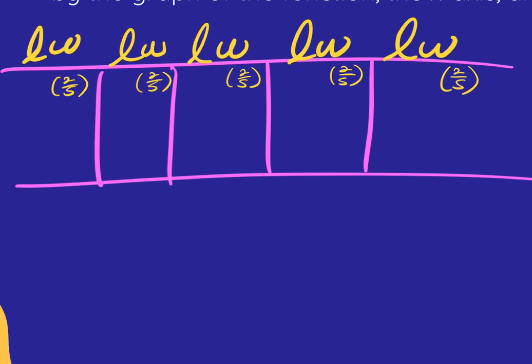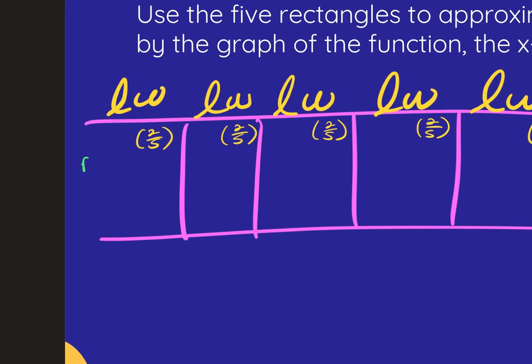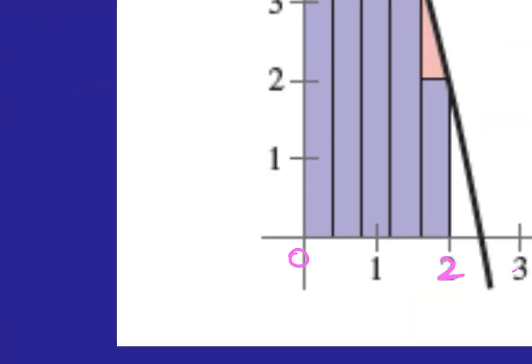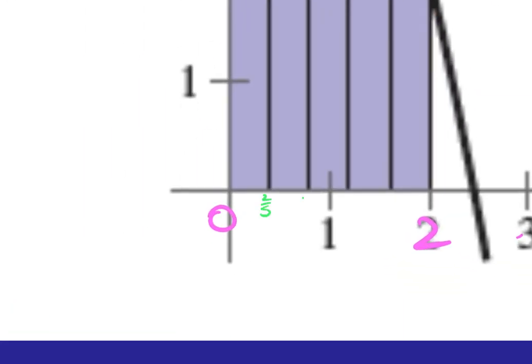Now we've got to find the height. So we're doing f of 2/5, and then we're going to add 2/5 to it because that would be the next x value, which we said was 4/5. And then we said that's 6/5, and then 8/5, and then 2.